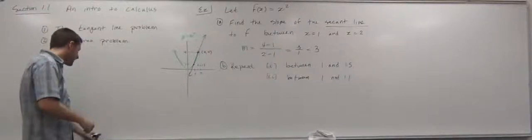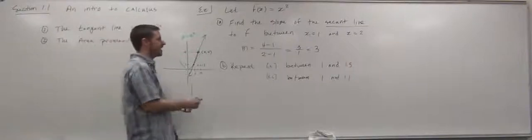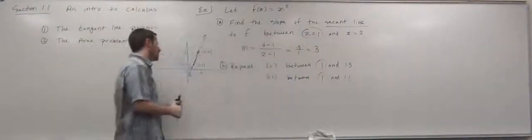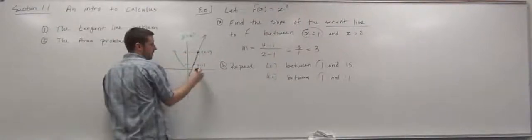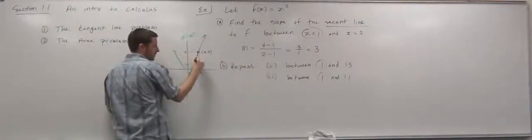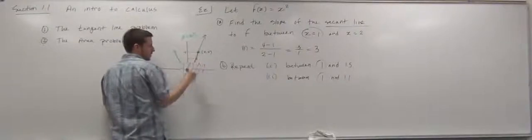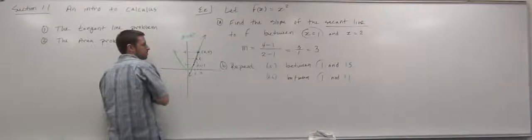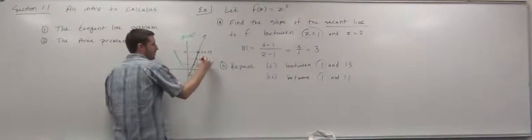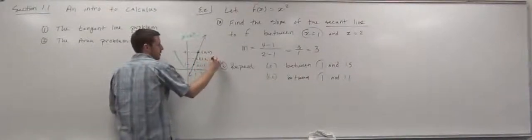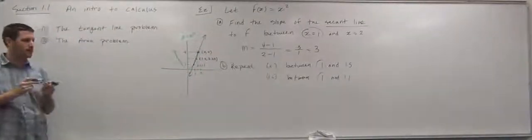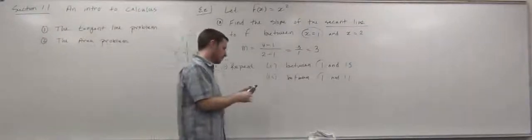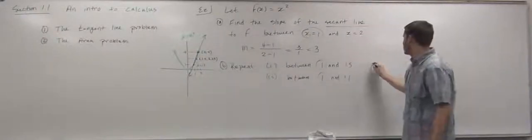What I'm saying is, if I change my second x value but keep my first x value the same, instead of 2, I want to go to 1.5. What will this point be? 1.5 comma 2.25. You just square 1.5. So what's your slope here?